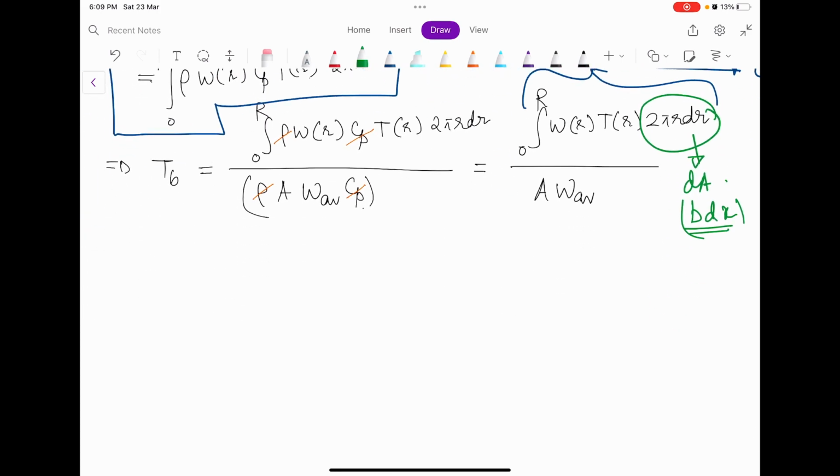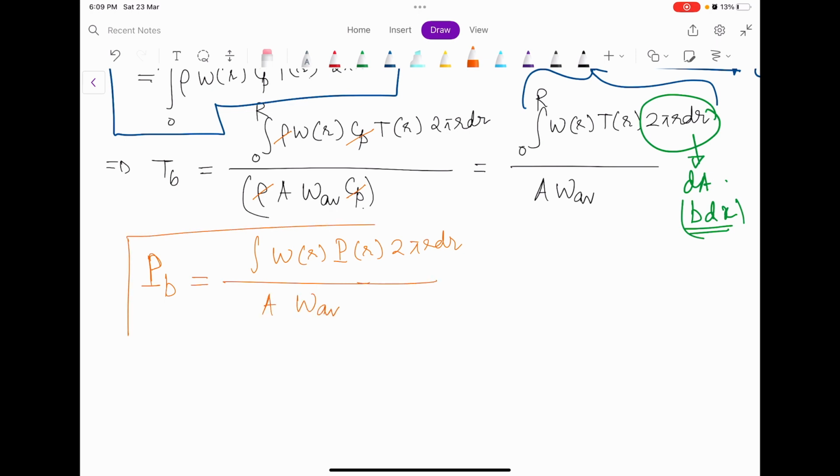Now from the same concept, if you define the bulk of any property, let capital P be an arbitrary property, then the bulk mean of P will be the integral of w(r) P(r) 2 pi r dr divided by A into w average.